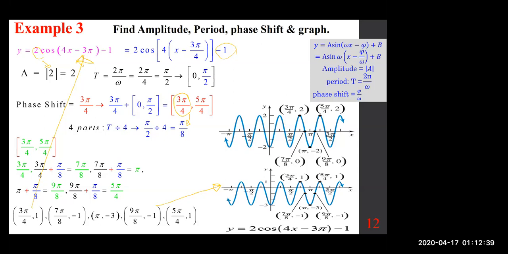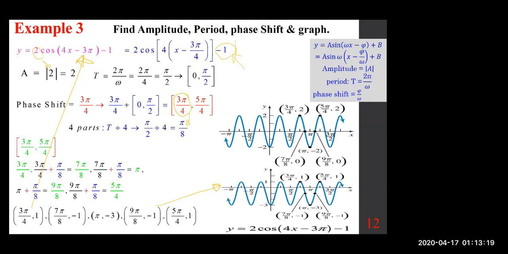If you look at the bottom 5 pairs, all you have to do, plot 5 pairs and then continue indefinitely on both sides. Okay, class? The other thing is that you ignore this negative one, everybody.